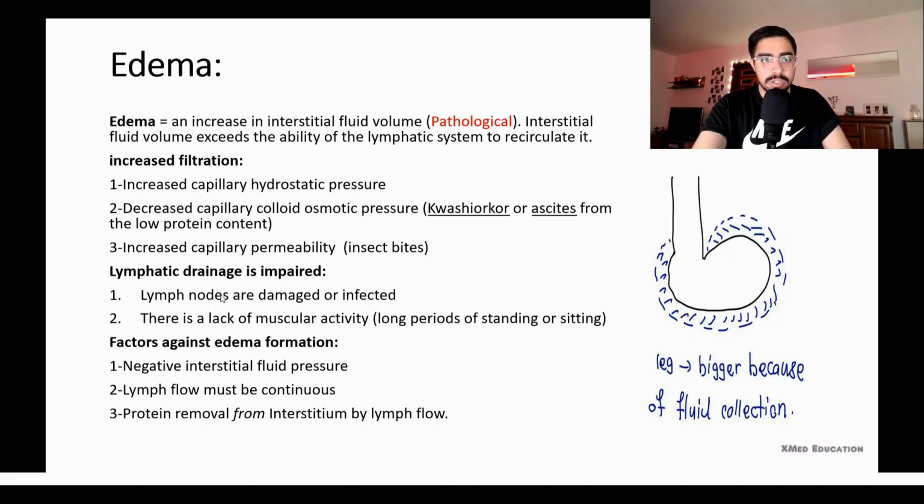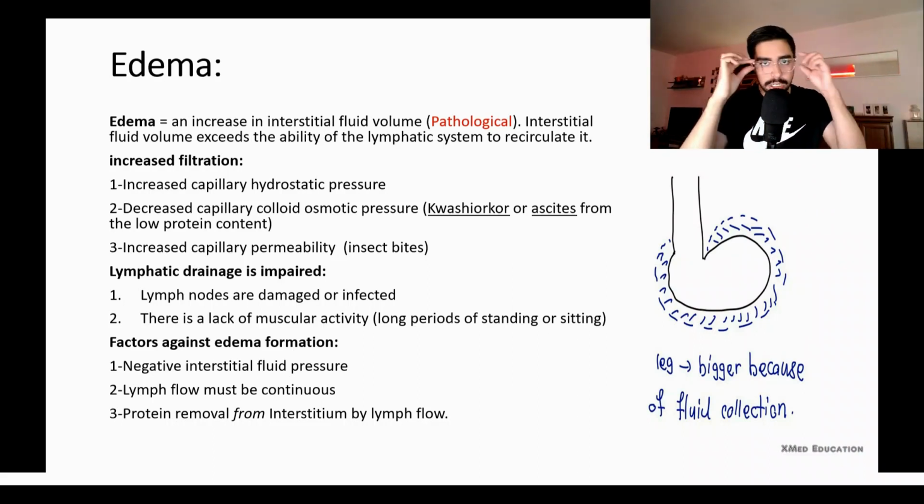The second factor is lymphatic drainage impairment. As we explained, lymphatic vessels are the major route in the interstitial space that collect things from the interstitial compartment. For example, if proteins are there that cannot be absorbed into the capillaries, they will go to the lymphatic vessel.